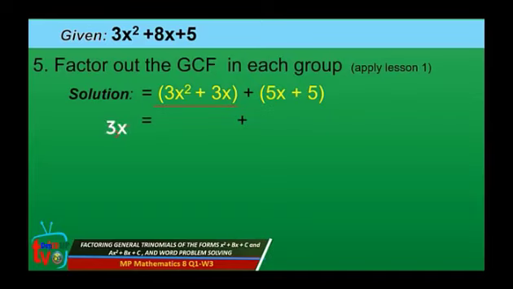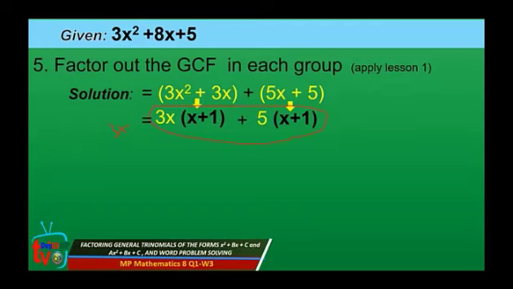So, we factor it as 3x times the quantity x plus 1. This is actually applying your lesson 1. In the pair of 5x plus 5, the GCF is 5. So we factor it as 5 times the quantity x plus 1.